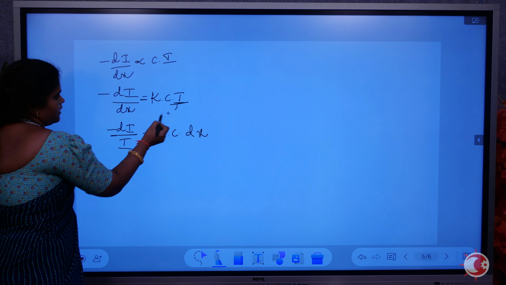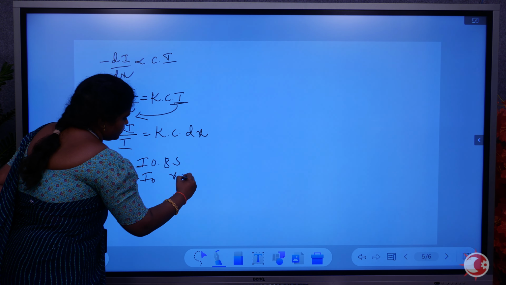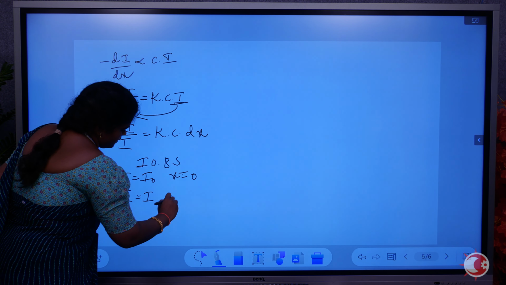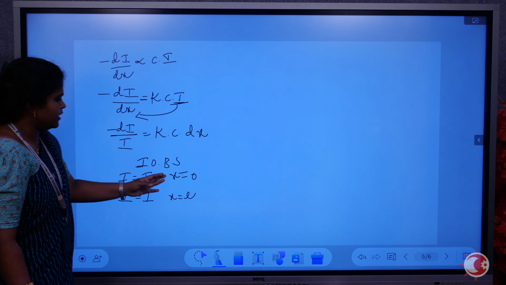So now this is the equation after changing their places. Now I'm integrating both the LHS and RHS within the limits: I is equal to I naught when x is equal to 0, and I is equal to I when x is equal to L.